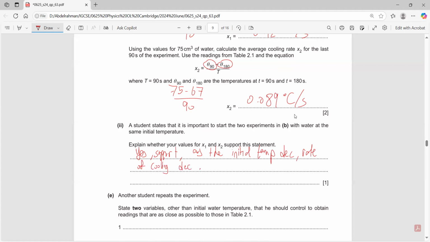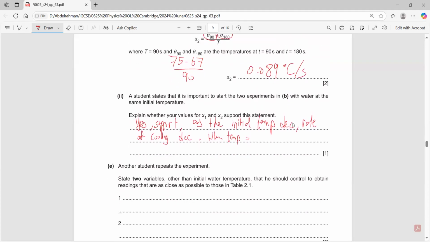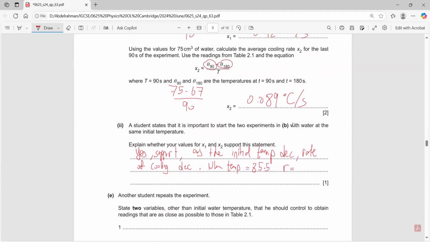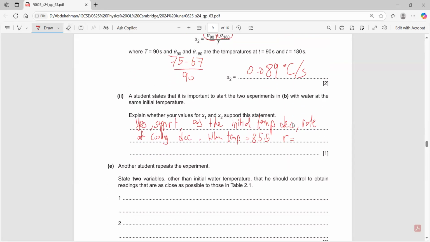For example, when the initial temperature was 85.5, x1 was equal to 0.12, while when the second initial temperature was 75, x2, the second rate of cooling, was equal to 0.089.